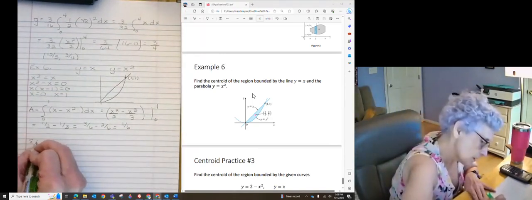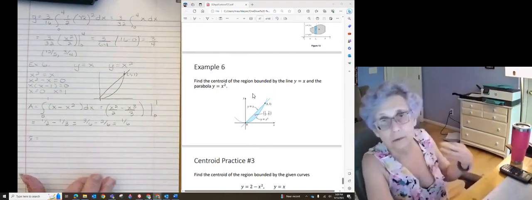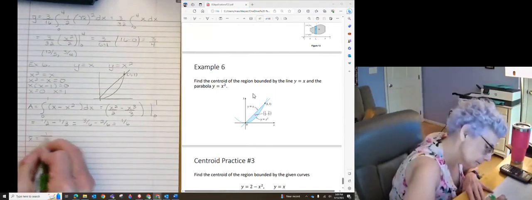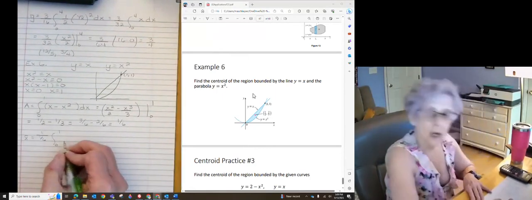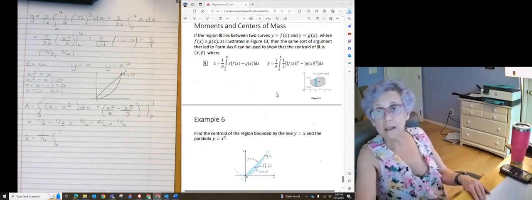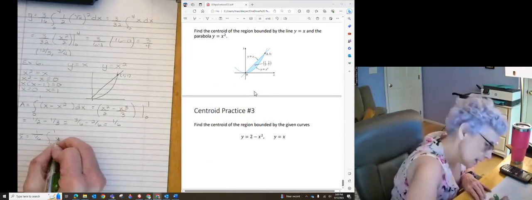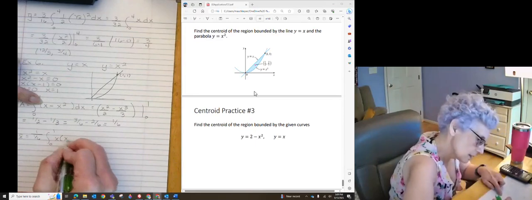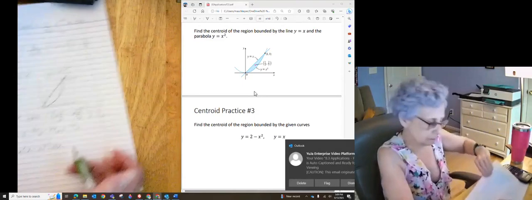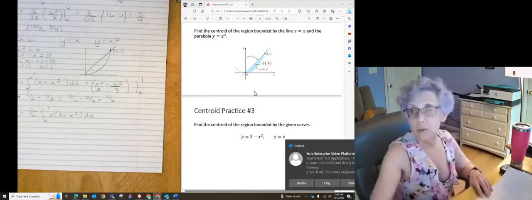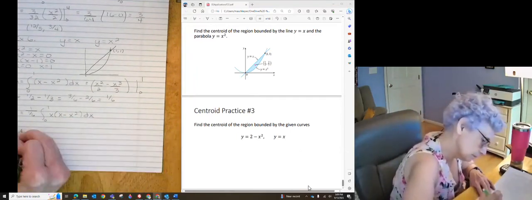So x bar would be equal to 1 over the area, so 1 over 1/6, integral from 0 to 1 of, and now we have x times f of x minus g of x. x times x minus x squared dx. So 1 over 1/6 is just 6.